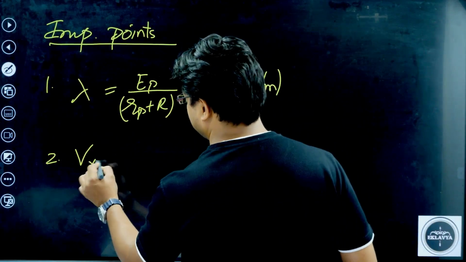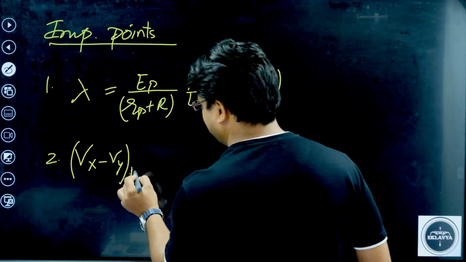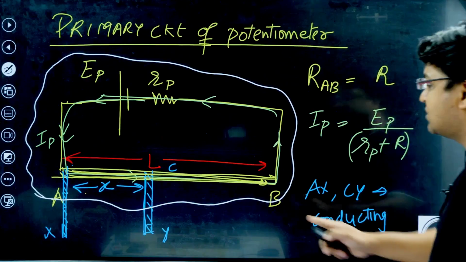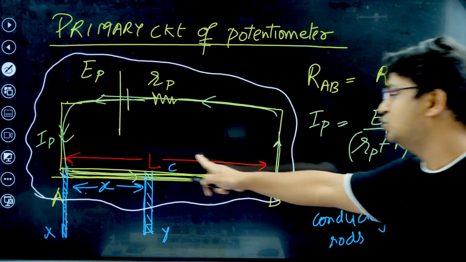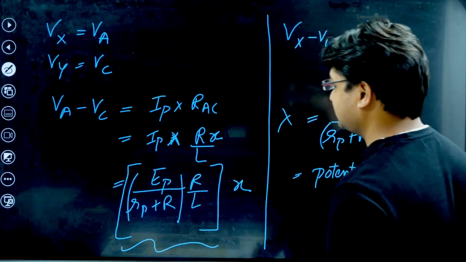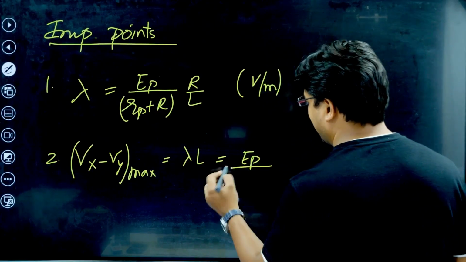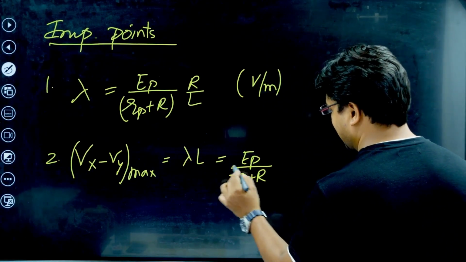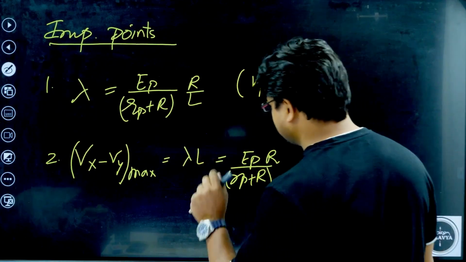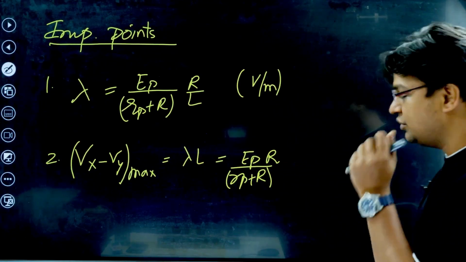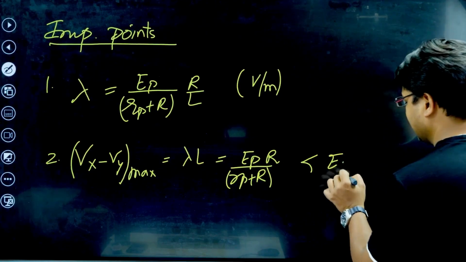Vx minus Vy is increasing when we increase the value of x, and x can be increased maximum to L. So the maximum value would be lambda L, which is EP by Rp plus R into R. This is the maximum value of unknown EMF that a potentiometer can measure. And one thing you should also notice is that this is less than EP.